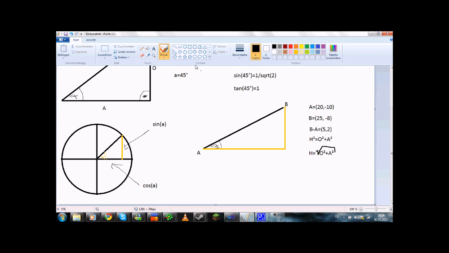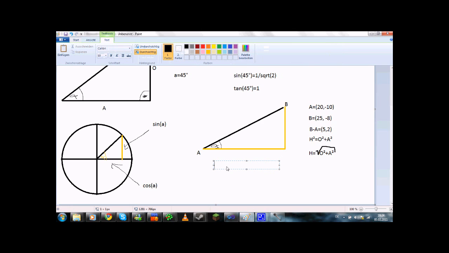Like this we figure out the length. So we know that the square root of 29 equals h in this example.